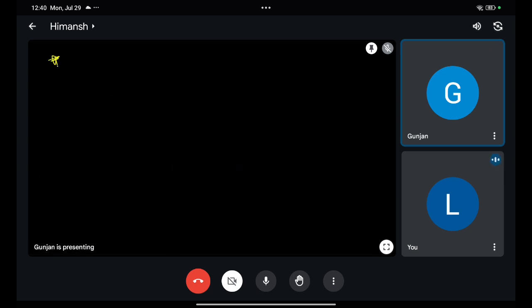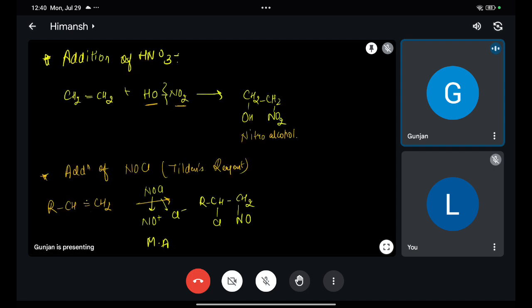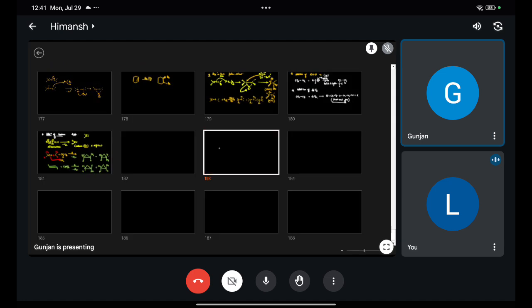Similarly, why will it follow Markovnikov? In a similar manner, double bond migration will happen. The double bond wants to move over here so that the formed carbocation is stable, 2 degree in nature. So this carbon got a negative and this carbon got a positive charge. So this negative charge carbon will obviously attack the positive, right? Yes, ma'am.